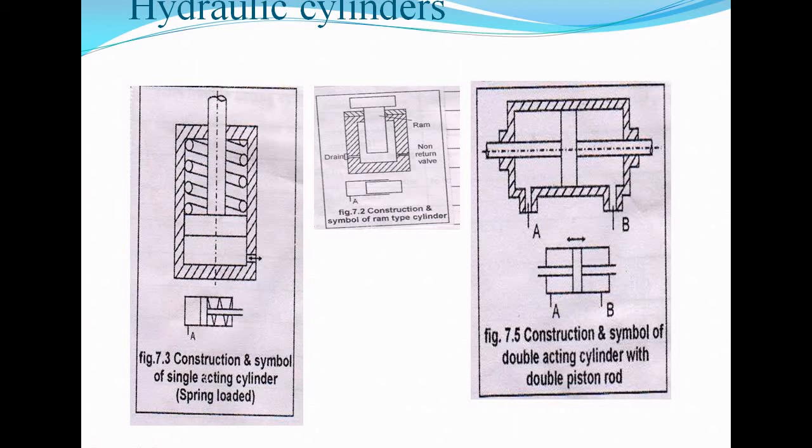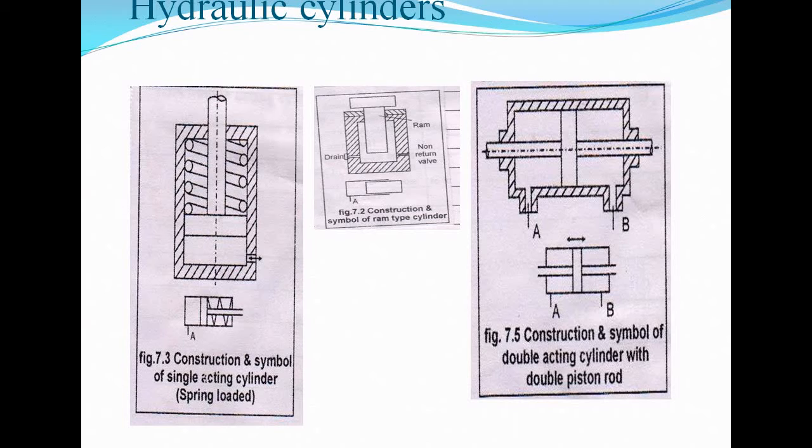Only one port is provided here, and this other port is for the non-return valve. The non-return valve will provide flow of fluid through only one direction. It will not allow flow of pressurized fluid in the other direction. That is the function of a non-return valve.